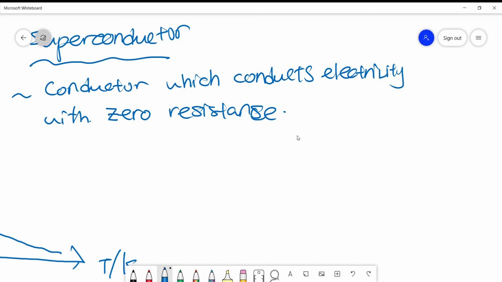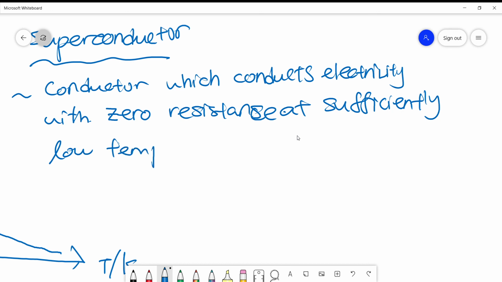The sentence is not complete: at a sufficiently low temperature, or I can say the critical temperature.